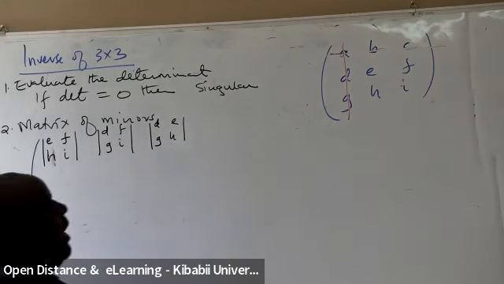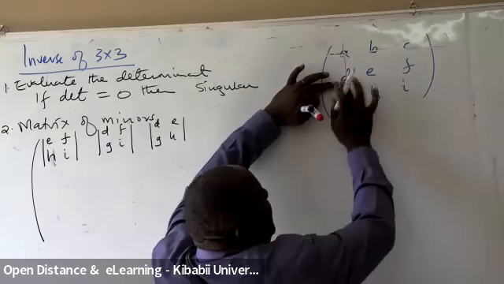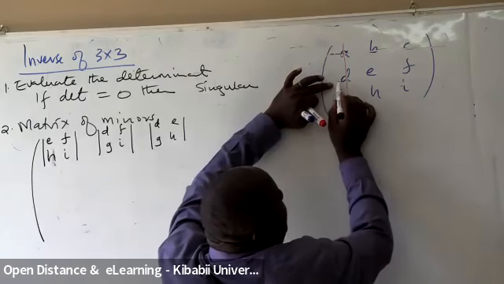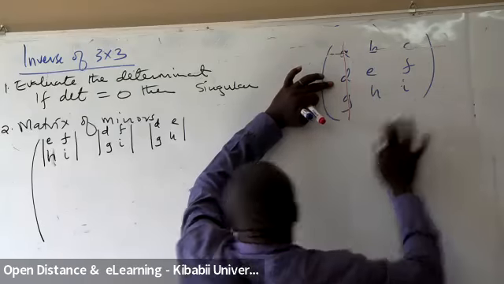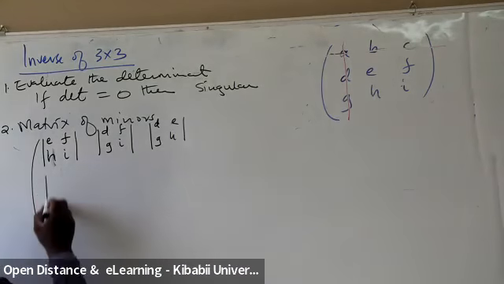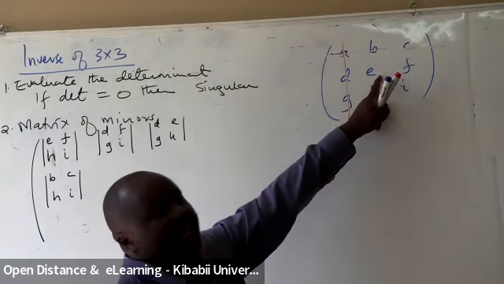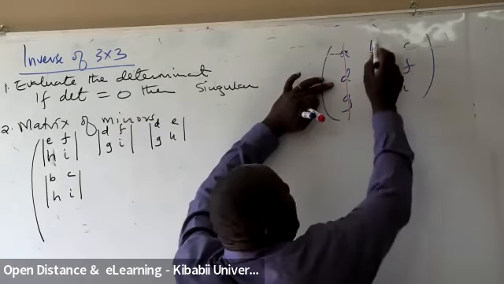That's for row 1. I do the same for row 2. The first element is D. D is on row 2, column 1. So if I delete row 2, column 1, I'm left with B, C, H, I. I go to element E. E is on row 2, column 2.